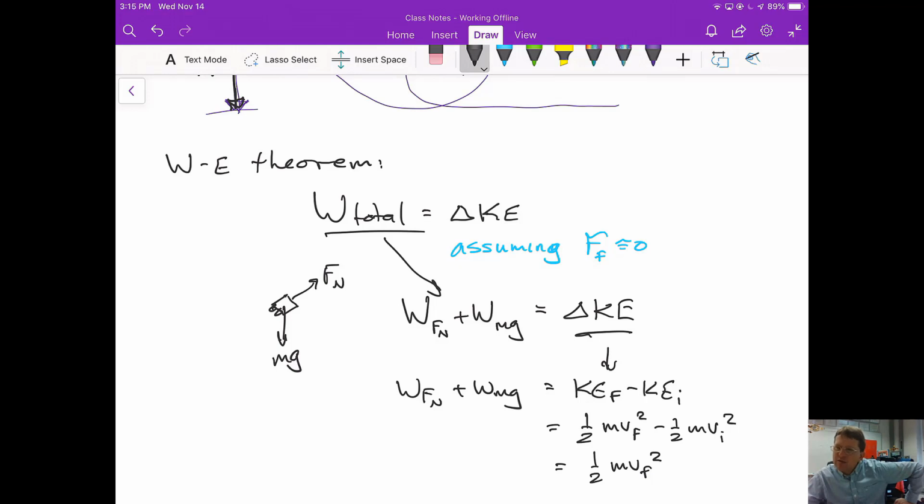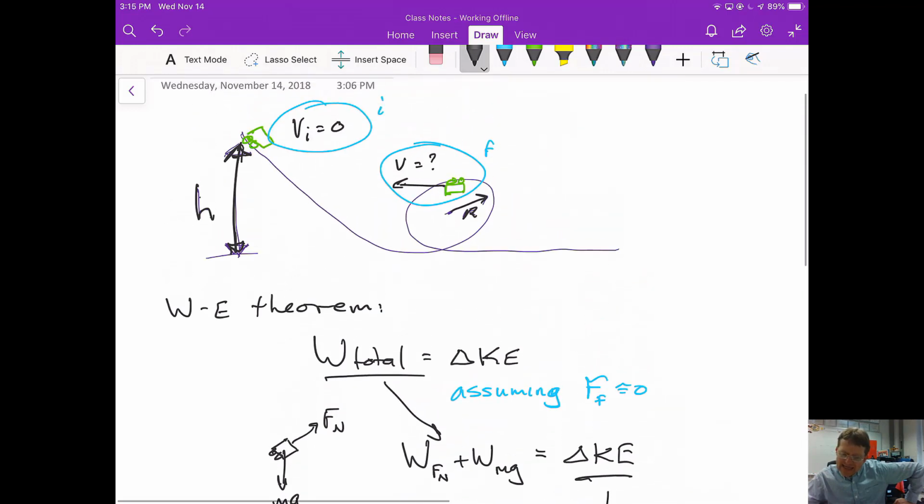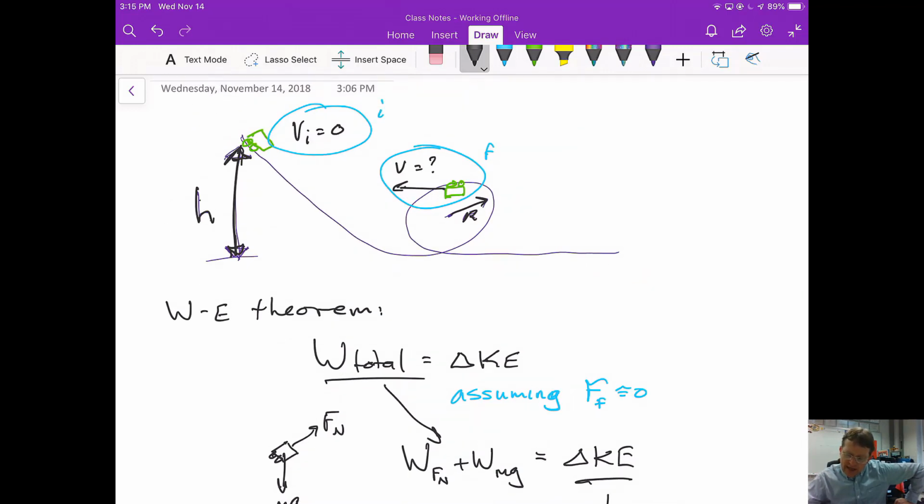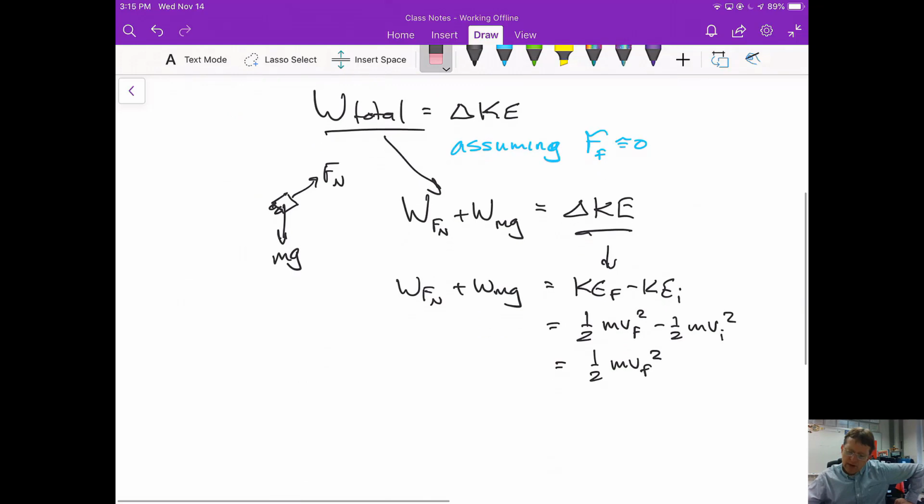You see here, this is where we need to carefully define which is final and initial. In this case, the final position is at the top of the loop, and the initial position is at the top of the roller coaster hill. So we've carefully defined our final and initial. If we're interested in the roller coaster in different places, then we can redefine our initial and final positions.